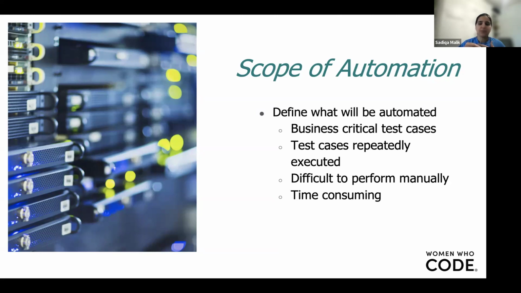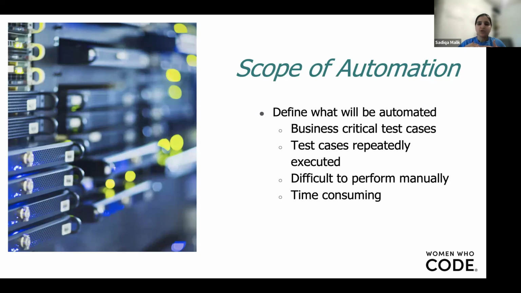The other thing, maybe not initially, but something to keep in mind, is say if a bug was leaked into production, right, and it was defined as high or critical, then probably take that bug, review why it was leaked into production, was it covered by manual testing, and if not, then maybe add a test case for it, and then try to automate that test case if it is feasible to automate it. So add that into your automation pipeline. So we've defined scope of automation where we are talking about what we should automate, right?